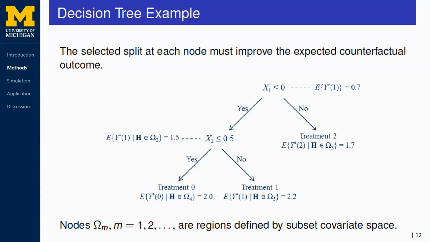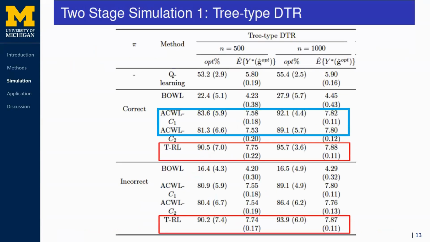If that is less than 0.5, you should assign treatment 0. Otherwise, you should assign treatment 1. So now using x1, x2 to individualize your treatment, you might notice that at your end nodes, the leaves of your tree, each group has their potential outcome greatly improved. So this is 2, 2.2, greatly improved compared to here, compared to here. Okay, so that's how this works. And then through this whole process, you can have the individualized treatment.